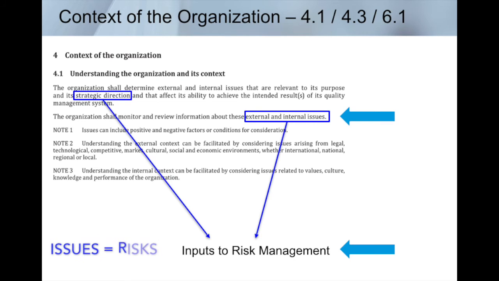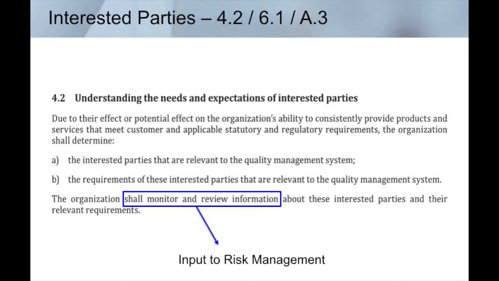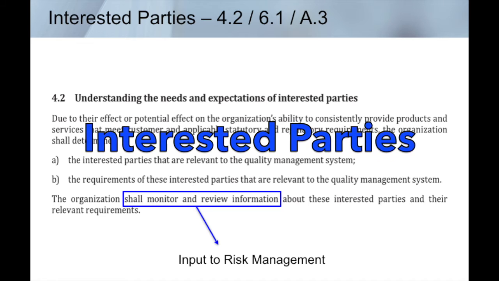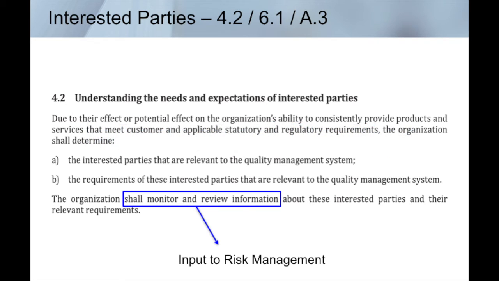Leadership and top management must determine external and internal issues that may affect the strategy and define the purpose of the organization. Leadership and top management must understand the needs and expectations of interested parties.